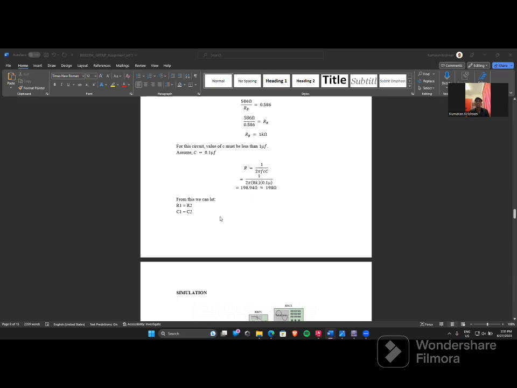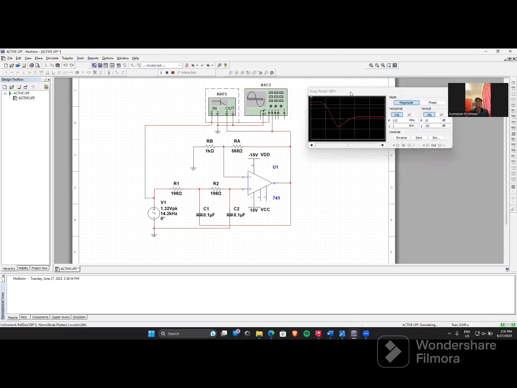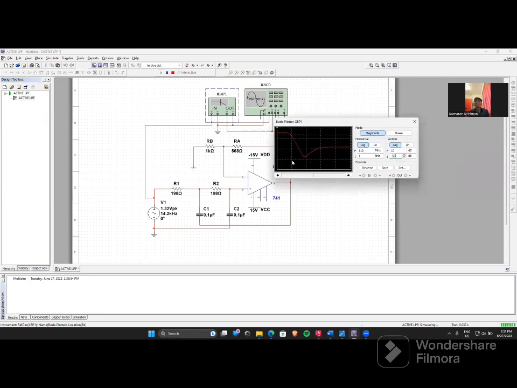From these calculated values, I completed the active low pass filter circuit. When I ran the simulation, I used a Bode plot as my output. I found the magnitude at the cutoff frequency, which is 8 kilohertz.